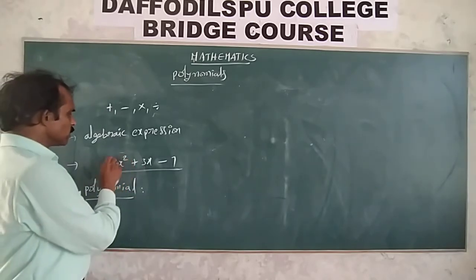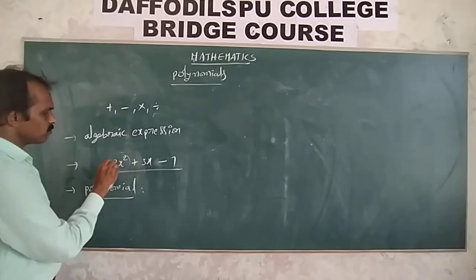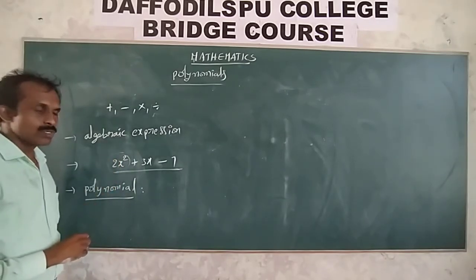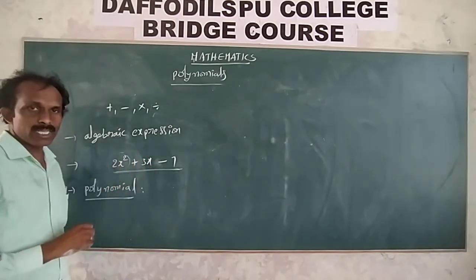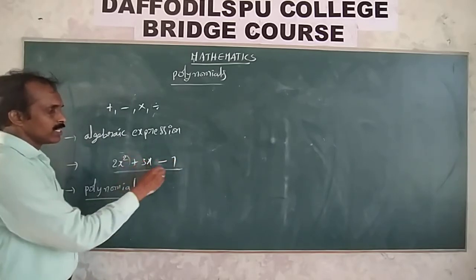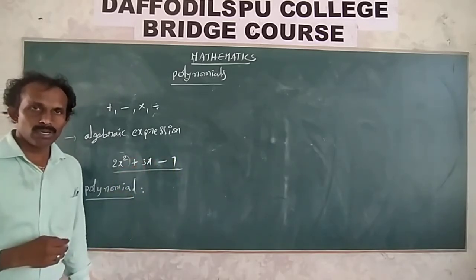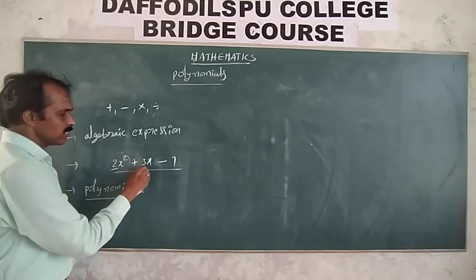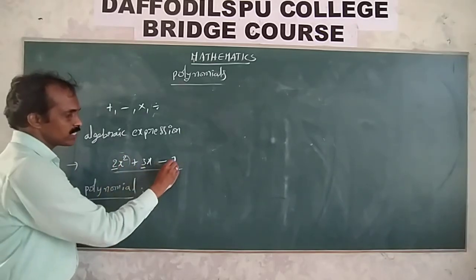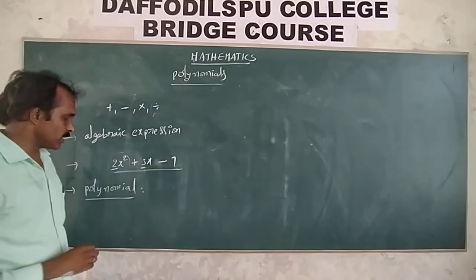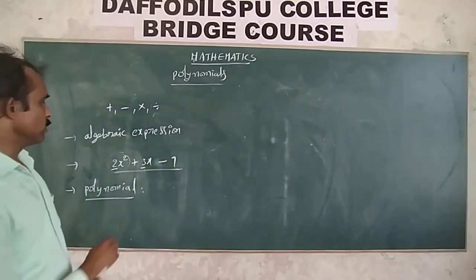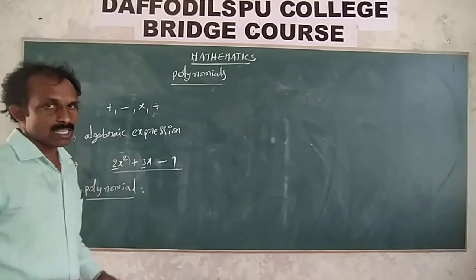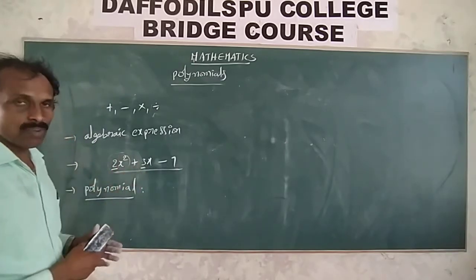Correct. In this, the x square coefficient is 2, the x coefficient is 3, and minus 7 is called the constant. These are called coefficients: the x square coefficient, the x coefficient, and this one is the constant. Okay, right. This is a polynomial in terms of x.